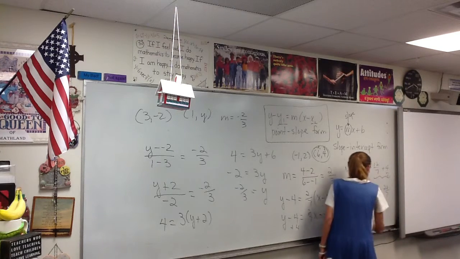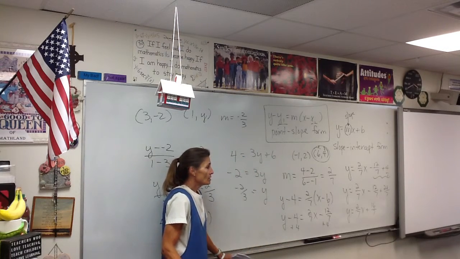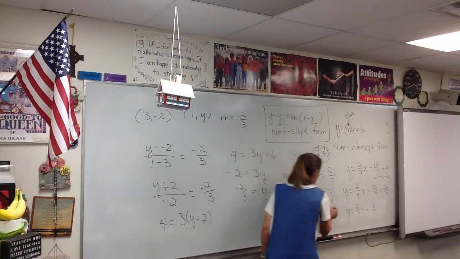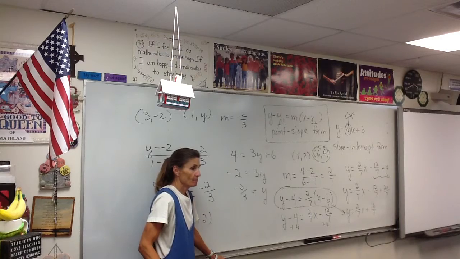Negative 12, would that give me 16/7? So I used my point slope form to come up with the equation of the line.